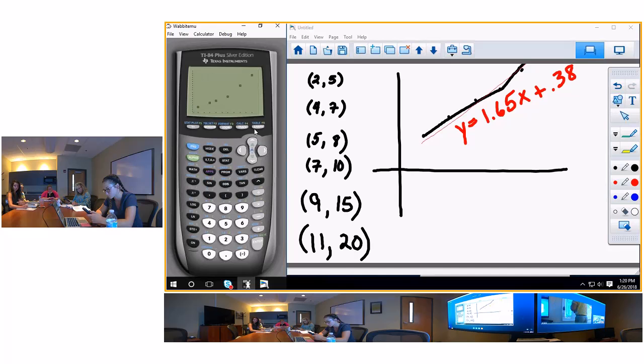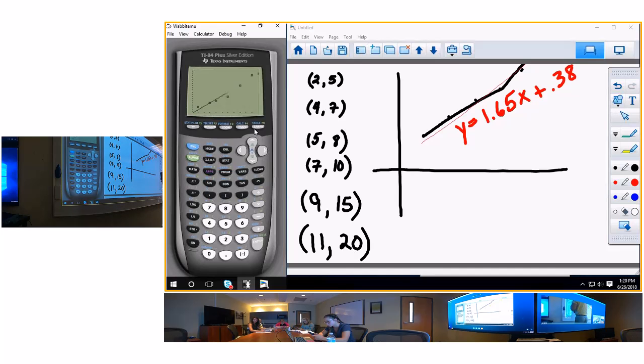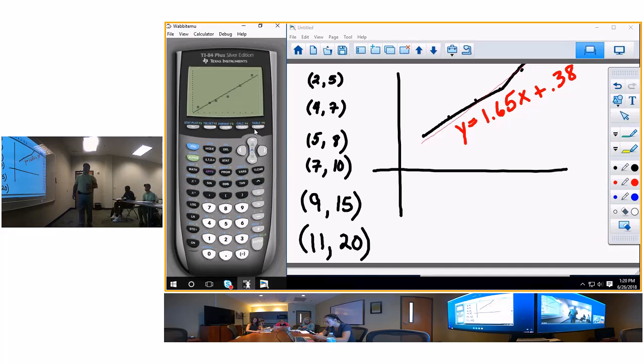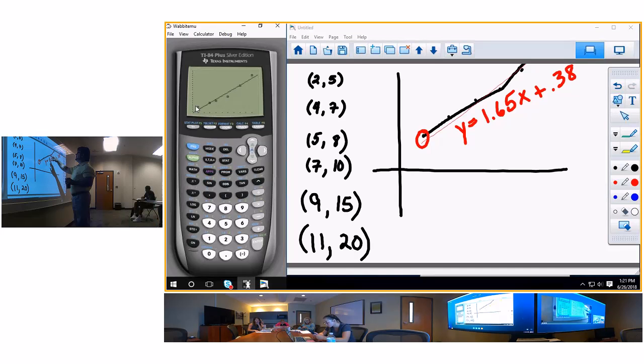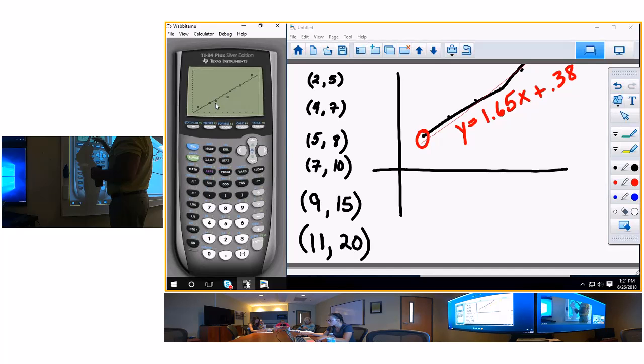And graph. Oh my gosh, look at there. It's a miracle. And there's your line of regression. So I wasn't too far off. I was below this point right here. I was below that point right here. And then I was through the middle of the third and the fourth point.